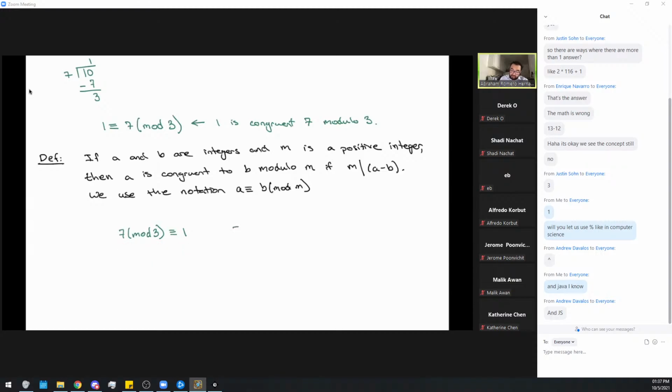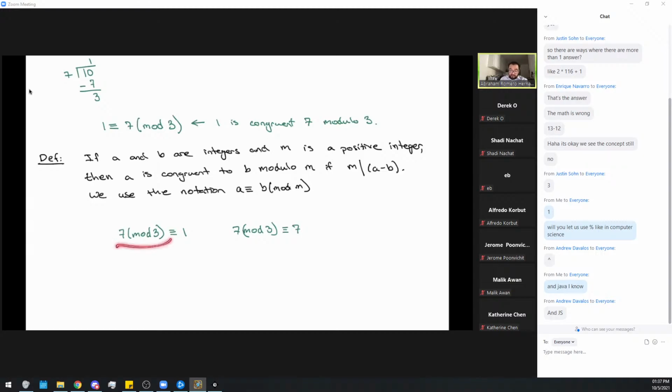I can also say 7 mod 3 is congruent to 7.